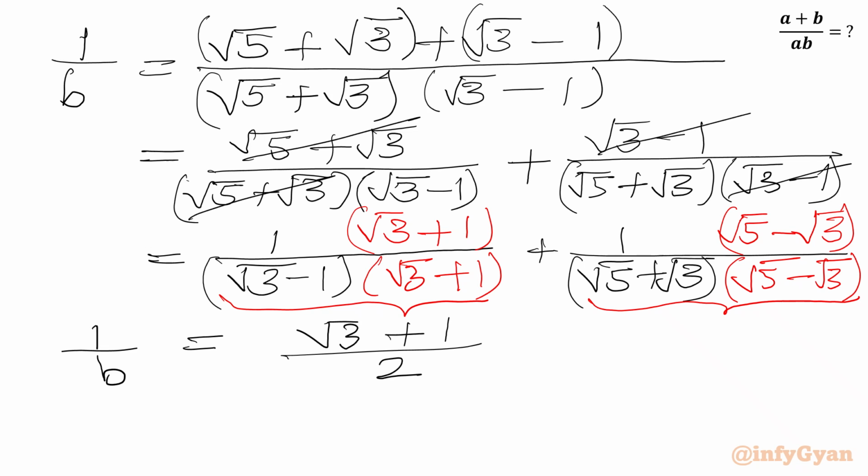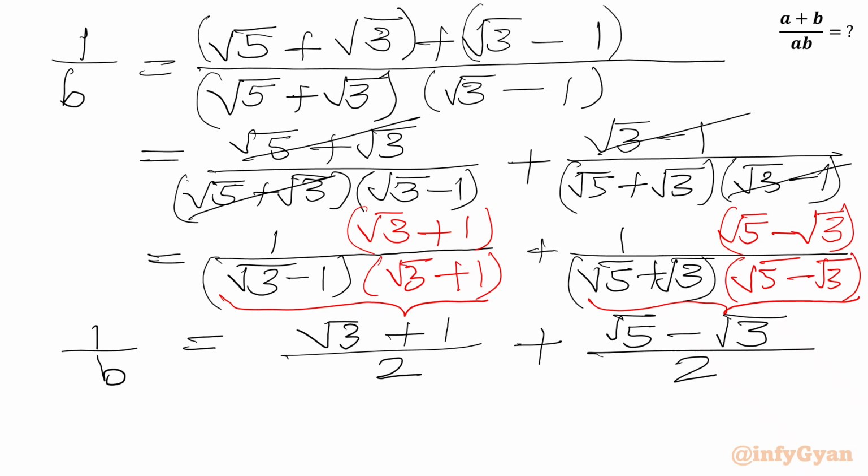We can write 2 directly, plus root 5 minus root 3 over root 5 square minus root 3 square, which will be 5 minus 3. So I can write 2. Now the denominator is the same. We can simply add the numerators.